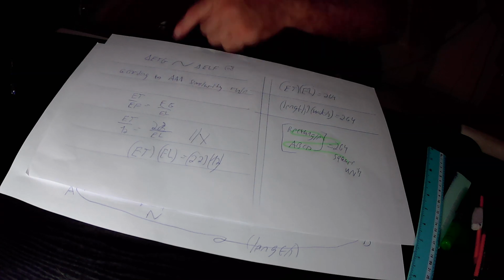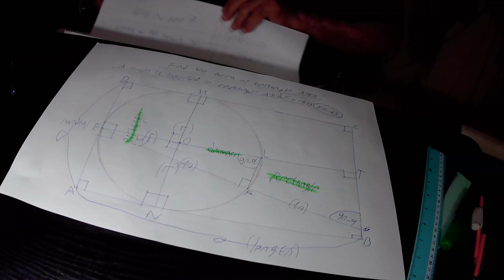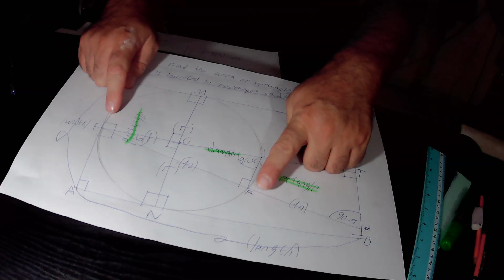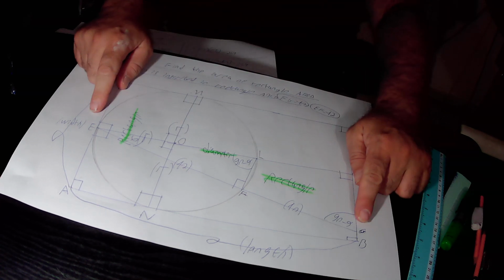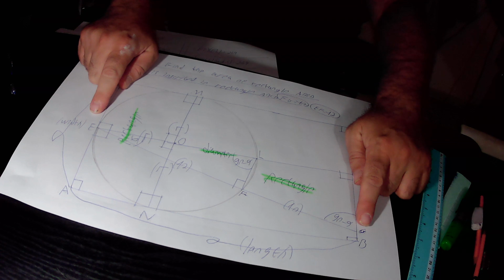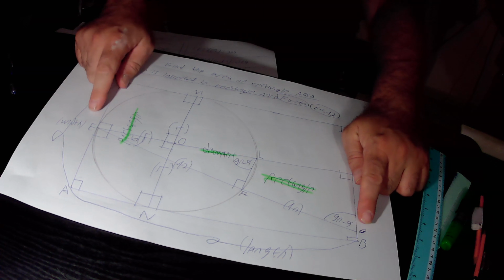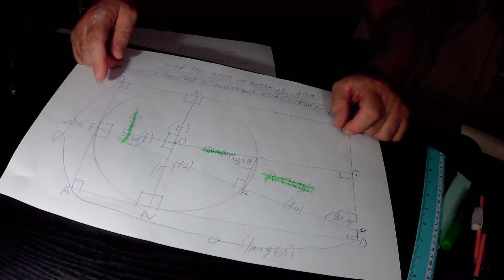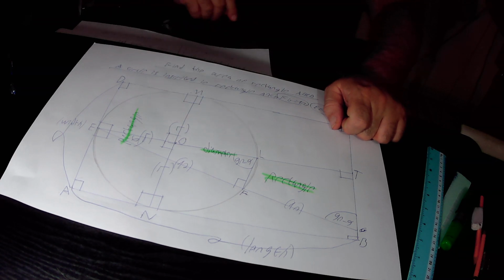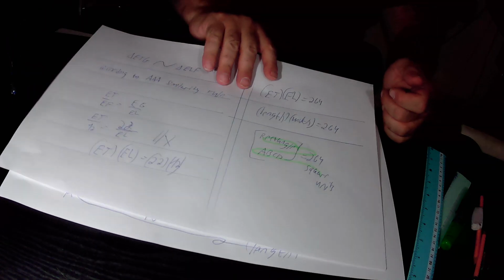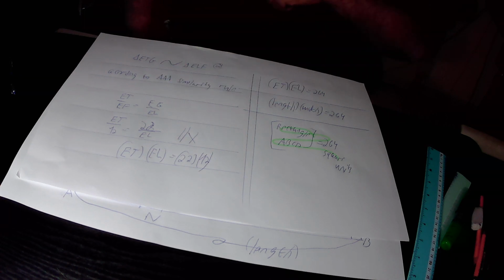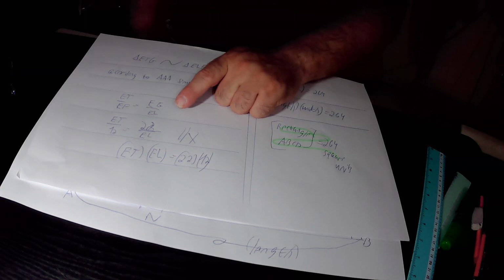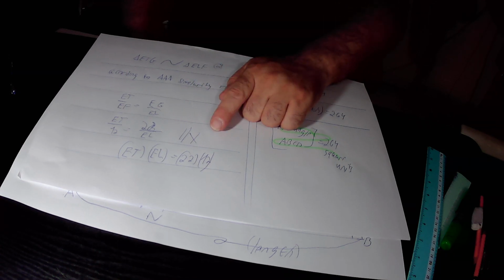ET is the missing side, so we leave it as it is, over EF. EF is 12, and it equals EG over EL. EG in total equals 12 plus 10, that is 22, over EL. EL is the missing side, so we leave it as it is. So ET over 12 equals 22 over EL. Here we cross multiply this equation, and finally find that ET times EL equals 22 times 12.